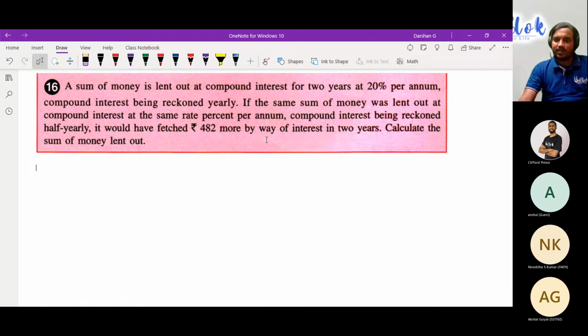If the same sum of money was lent out at the same rate percent per annum, compound interest being reckoned half yearly, it would have fetched 482 rupees more. Calculate the sum lent out.